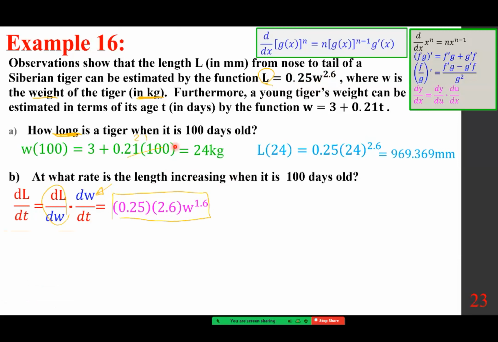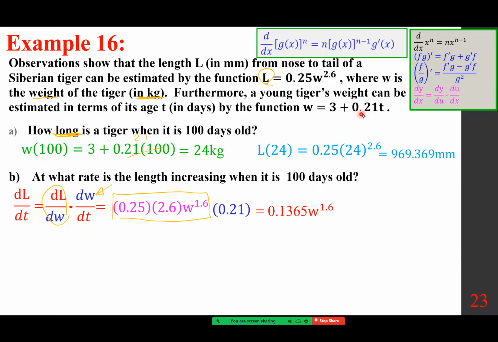That means look at this formula. Take the derivative with respect to t, simply 0.21. And we're done. Let's do the multiplication. This times this times this. Now, if they wanted the formula as a function of t, you must replace this W with this.